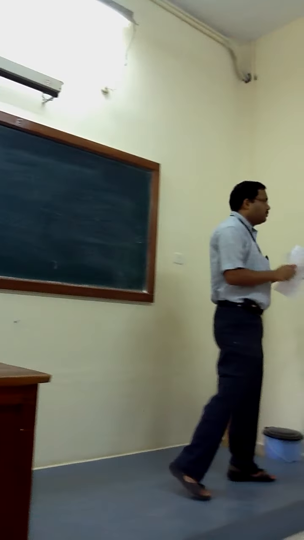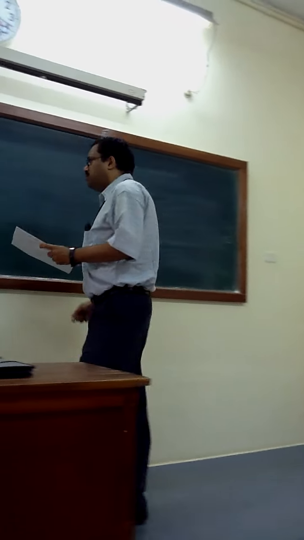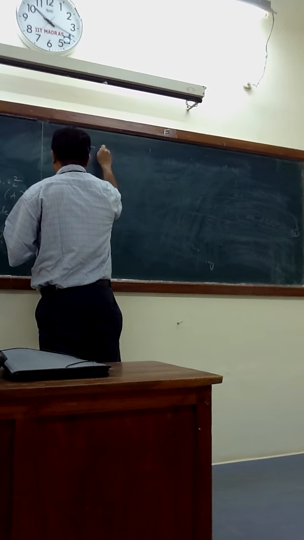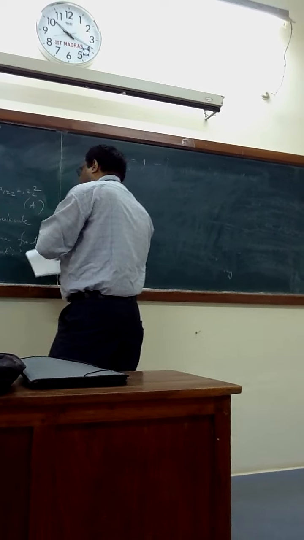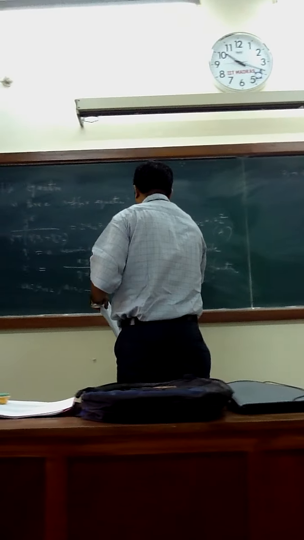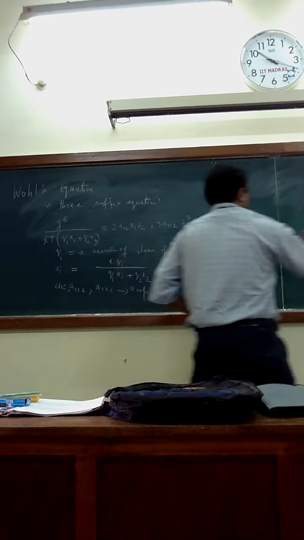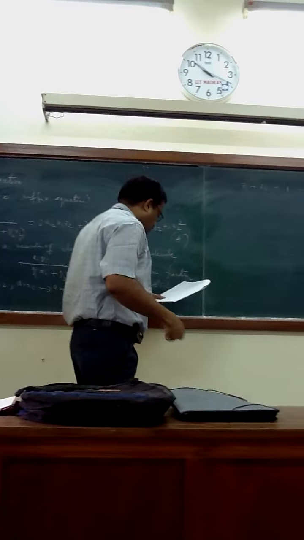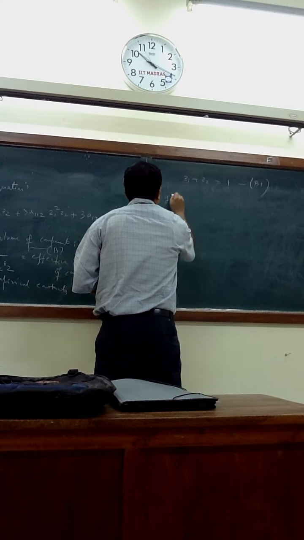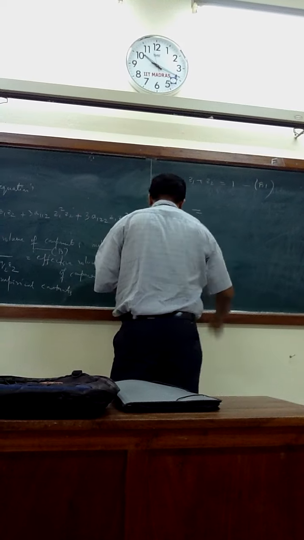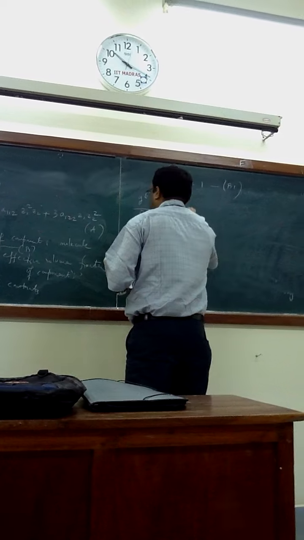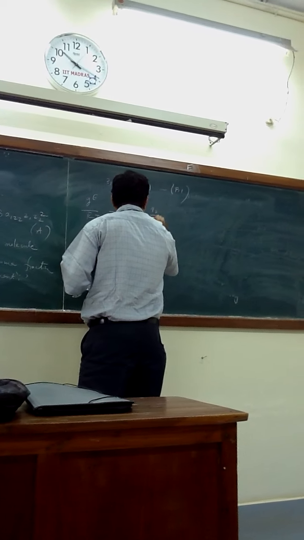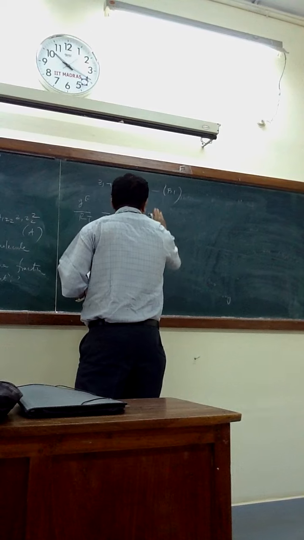Let's start. So we have the G by RT model, and we also verified the Z1 plus Z2 equals 1 equation. This is equation A and this is equation B. So G by RT, we have x1 plus Q2 by Q1 x2.